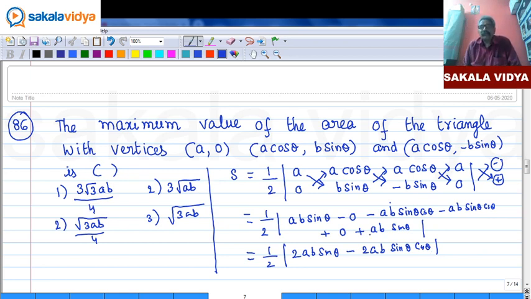So next now you can take out 2ab sin theta common. 2 gets cancelled. We have ab sin theta common, we have 1 minus cos theta.